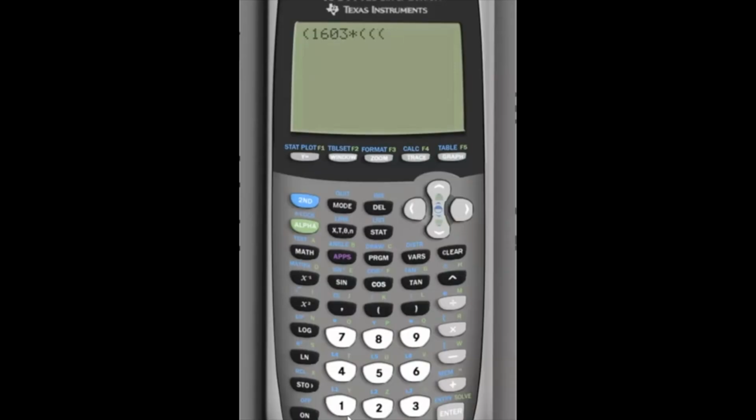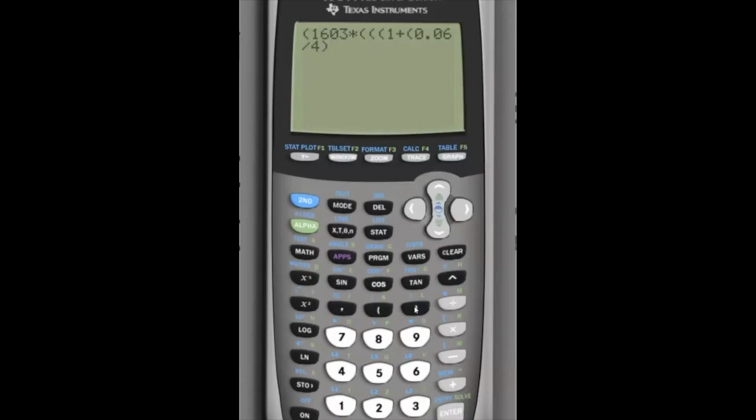So we have 1 plus, and I want to make sure my 0.06 divided by 4 gets calculated by itself. Another set of parentheses, so we have 0.06 divided by 4 wraps up that expression.